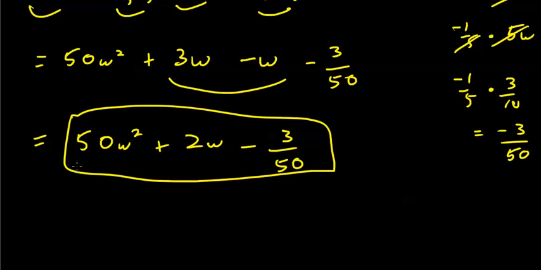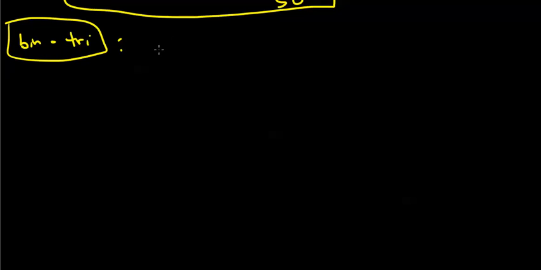Alright, so we gave you 3 examples of the FOIL technique. We can still go even further. A binomial times a trinomial expression. Well, how do we handle something like that? Again, we'll start out easy in this genre.